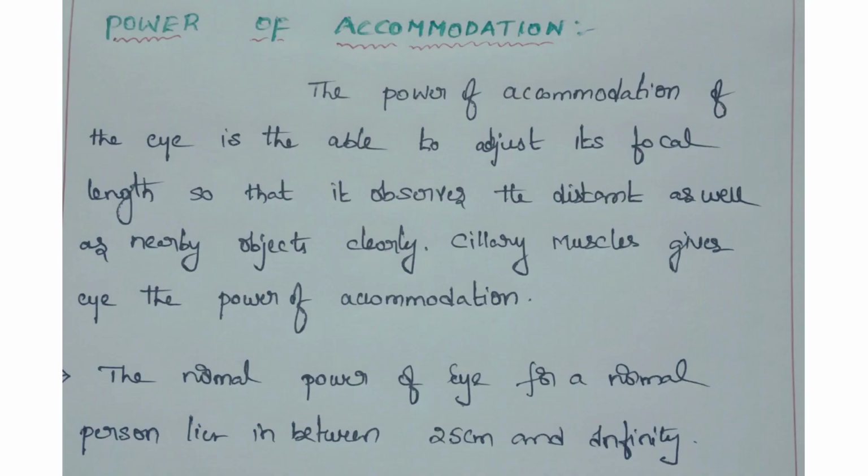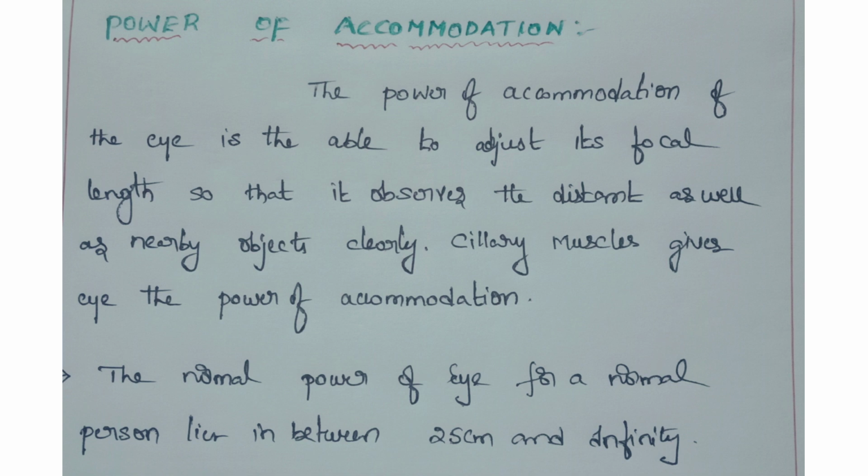Understand? Let's see the power of accommodation. The power of accommodation of the eye is the ability to adjust its focal length so that it observes distant objects as well as nearby objects clearly. Ciliary muscles give the eye the power of accommodation.